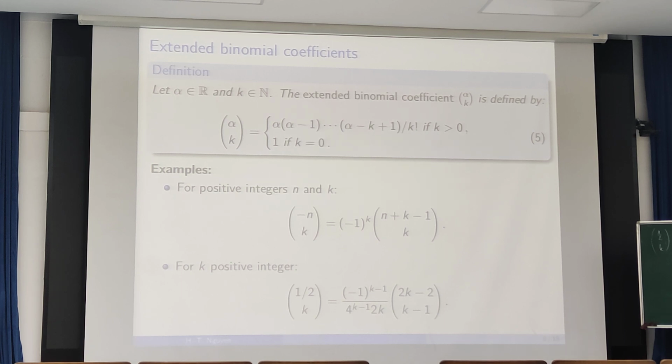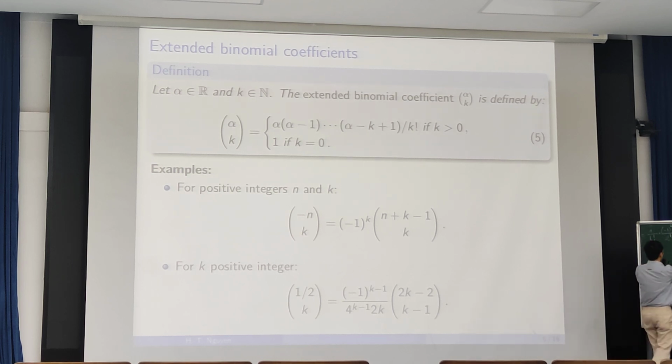I will replace this bit here, and you get 1 over k factorial times minus 1 to the power k minus 1 divided by 2 to the power k.